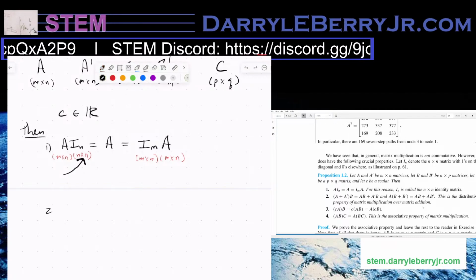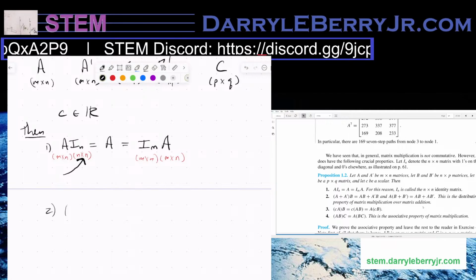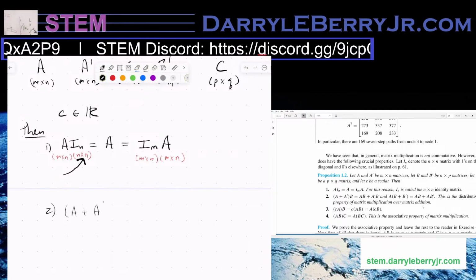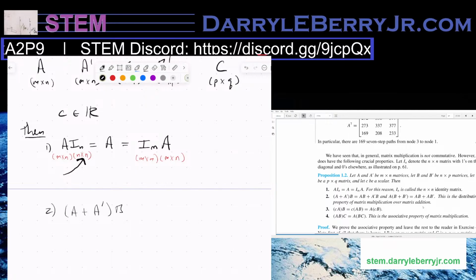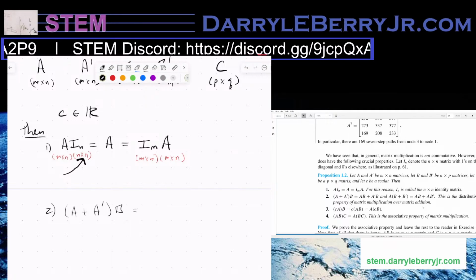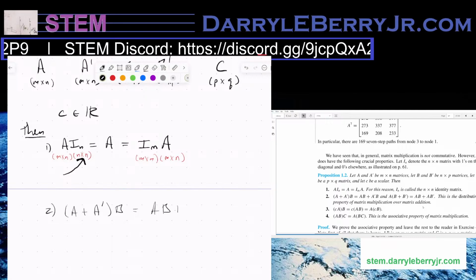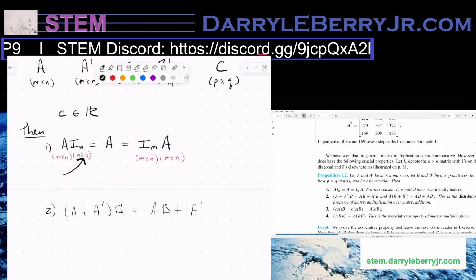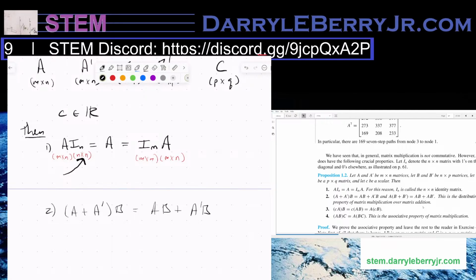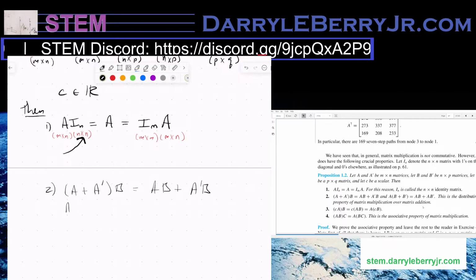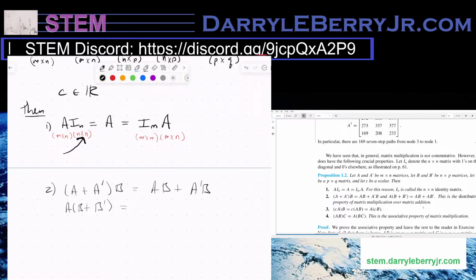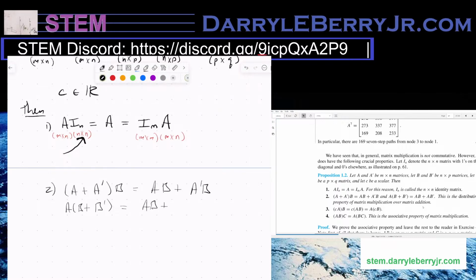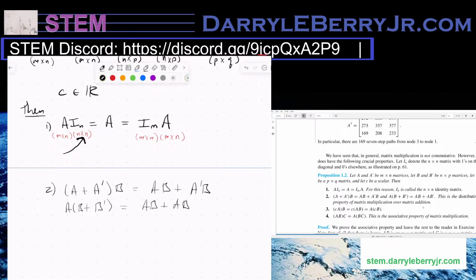So two, A plus A prime, which are the same dimensions, times B equals AB plus A prime B, and A times B plus B prime equals AB plus AB prime.